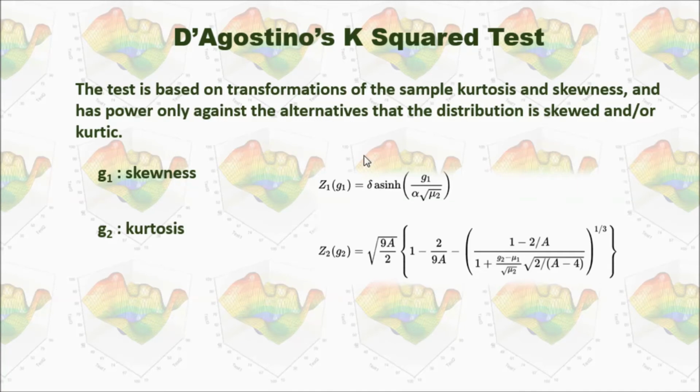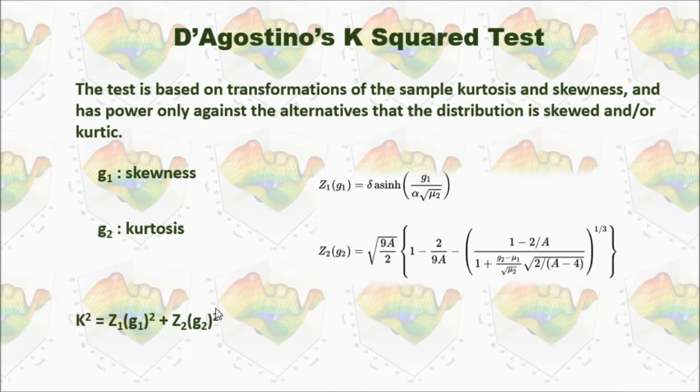If you want to know the detail about this formula, about why we use this for the transformation, you can go to Wikipedia to view the detail. After we transform the skewness and the kurtosis, we square them and sum those up, and this will give us the K-squared test score.